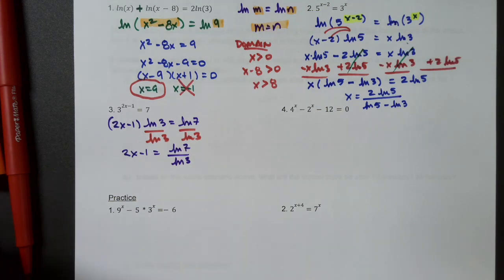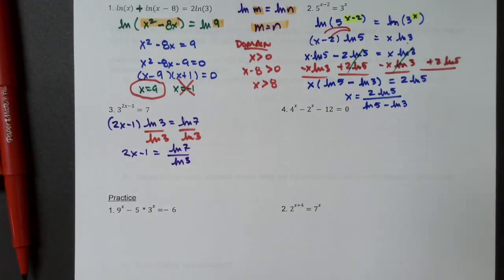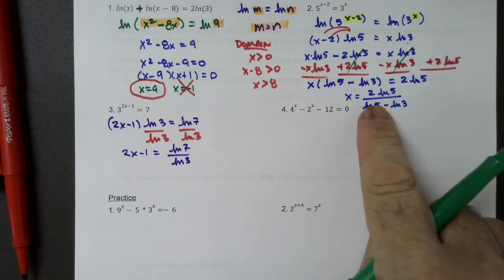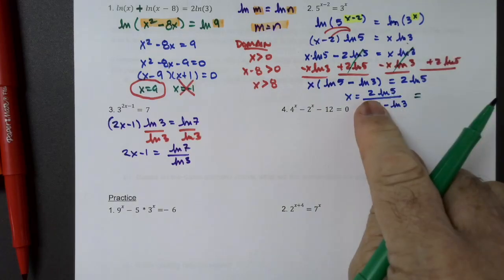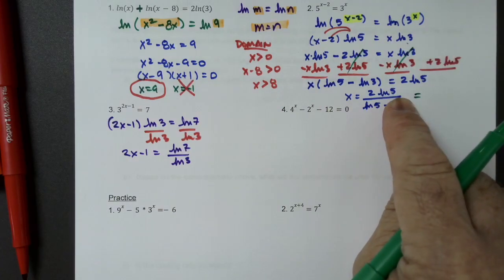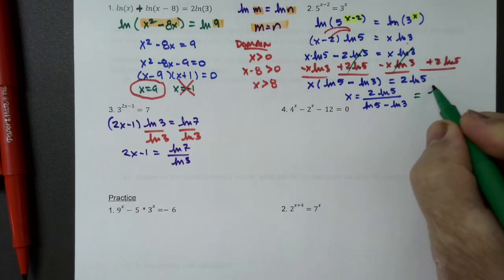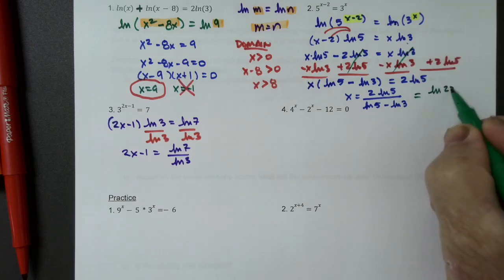Now, I want to make sure we understand the simplifying here. I'm going to go back to this guy, and we know that this 2 can be written as the exponent, so the numerator can be written as the natural log of 25.